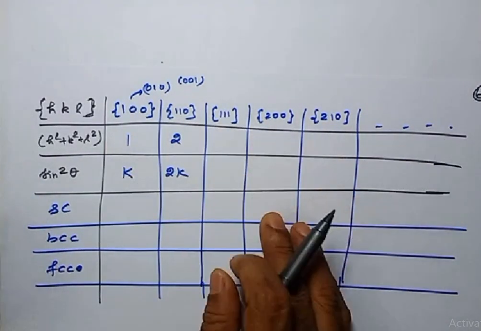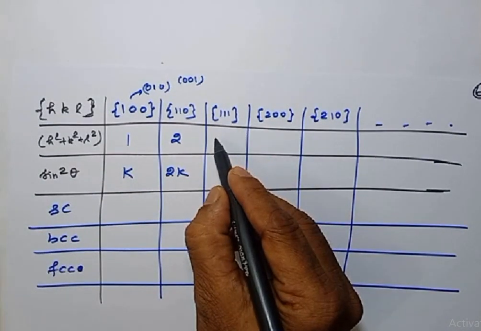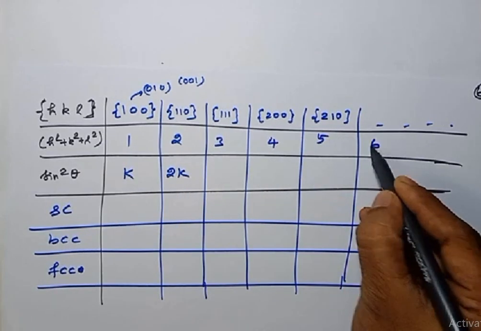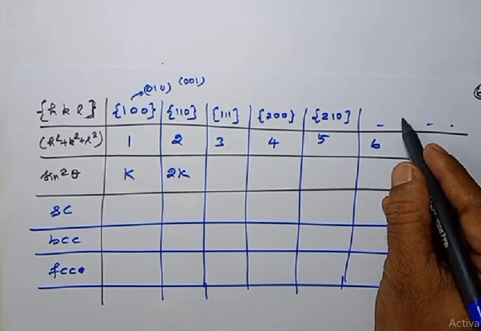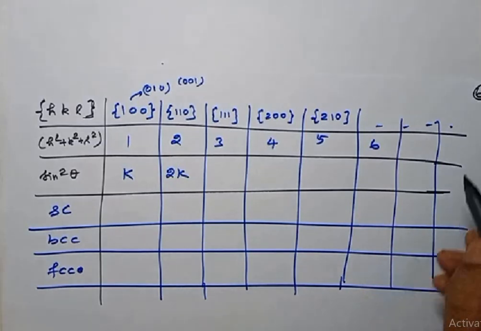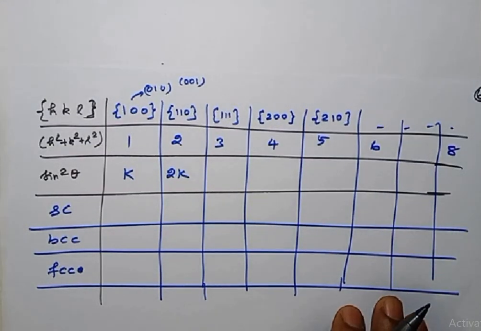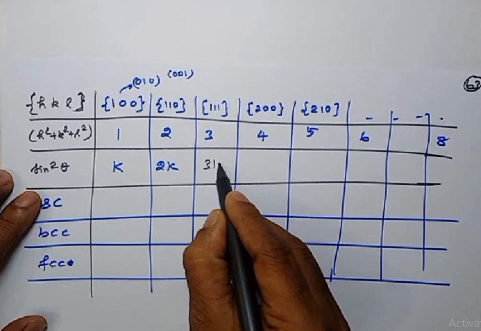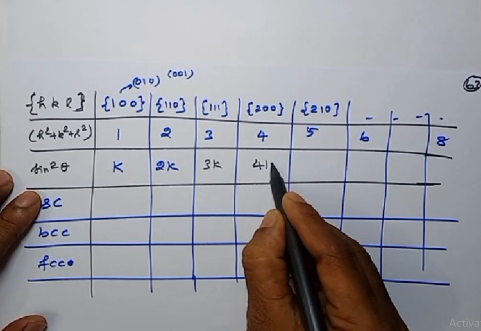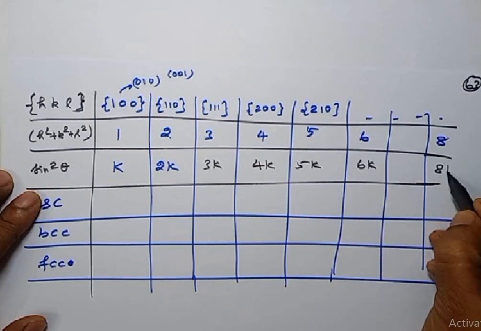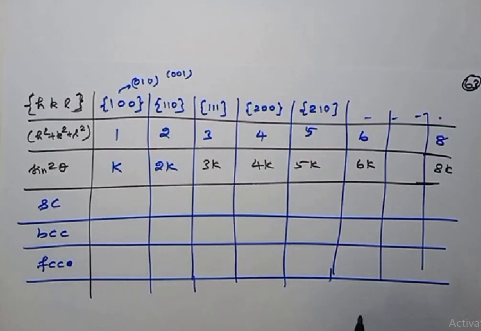In a similar manner, we can find H square plus K square plus L square equal to 3, 4, 5, 6. Then 7 is not possible. Observe carefully, 7 is not possible. We get sine square theta as 3K, 4K, 5K, 6K, 7K is not possible, then 8K, 9K, 10K, 11K, like that it goes.